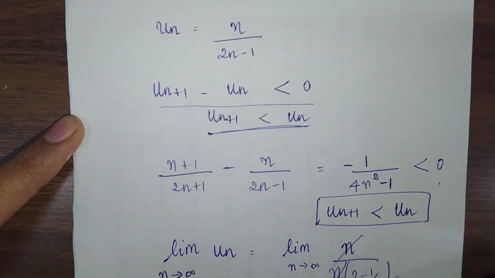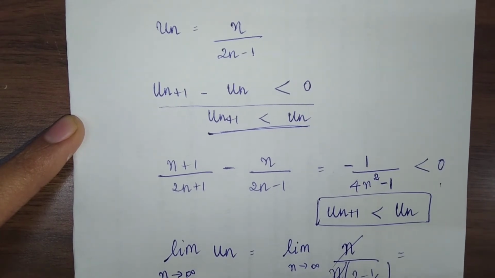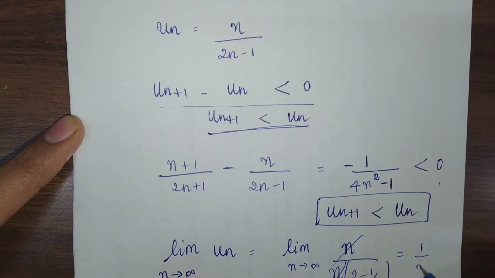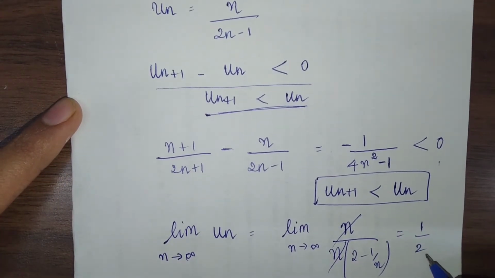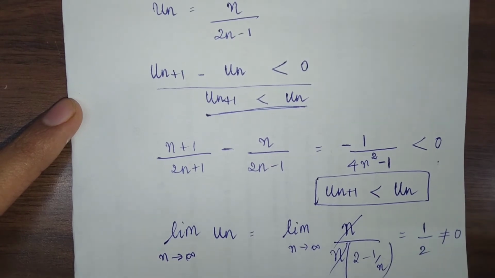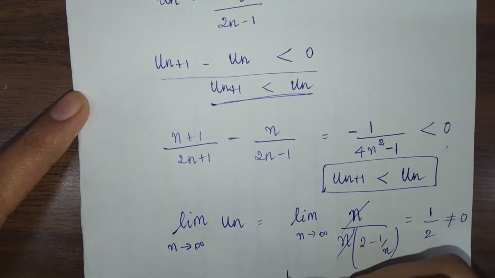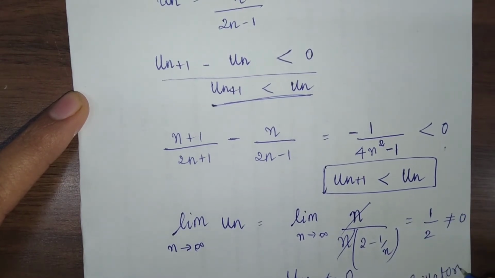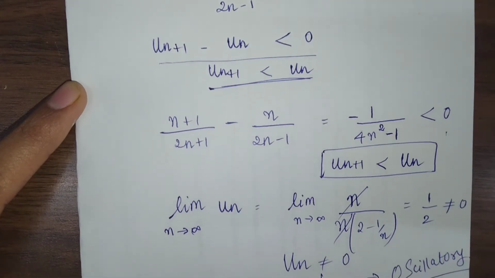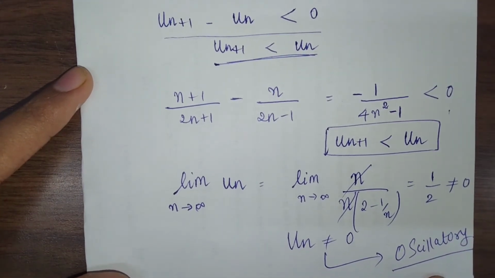This n and this n will get cancelled, and then if I put the limit, I will get the answer 1 by 2. So we can see that here un is not equal to 0. 1 by 2 is not equal to 0, and as un is not equal to 0, the answer will be oscillatory. So the given series is oscillatory.